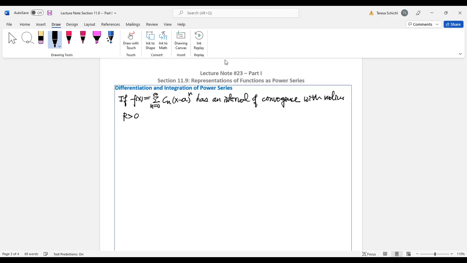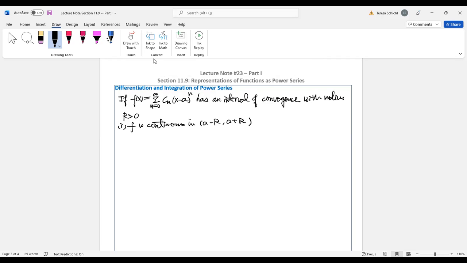Then f is continuous in the interval from a minus R to a plus R.